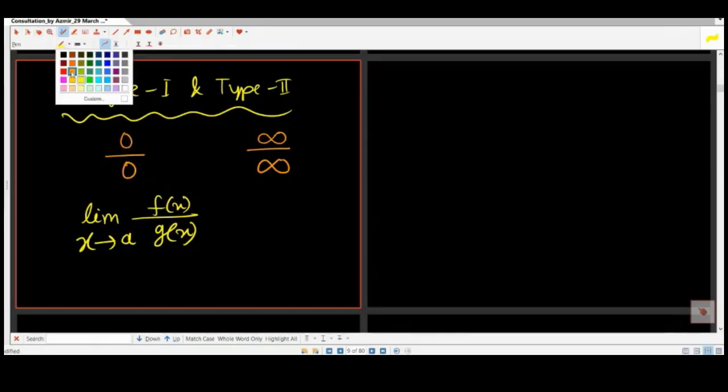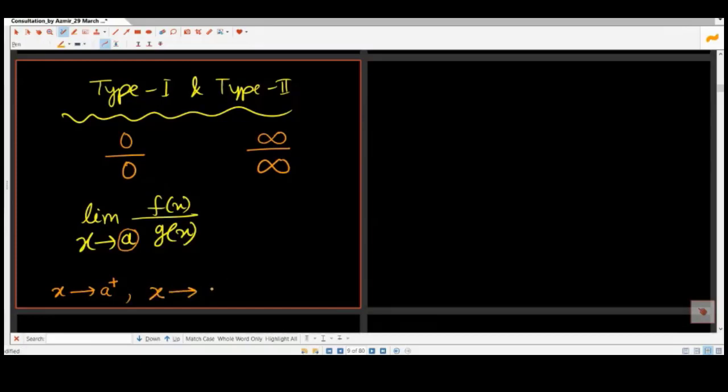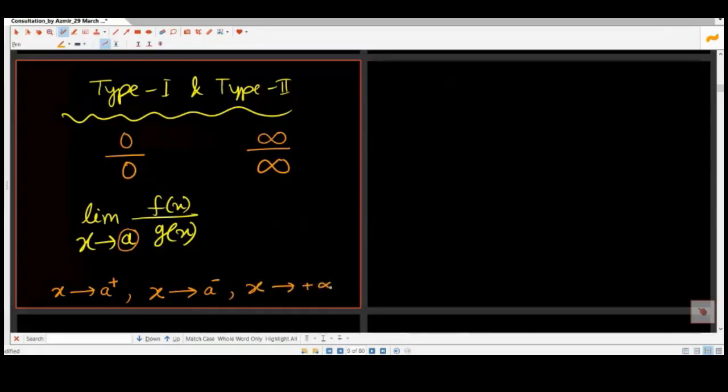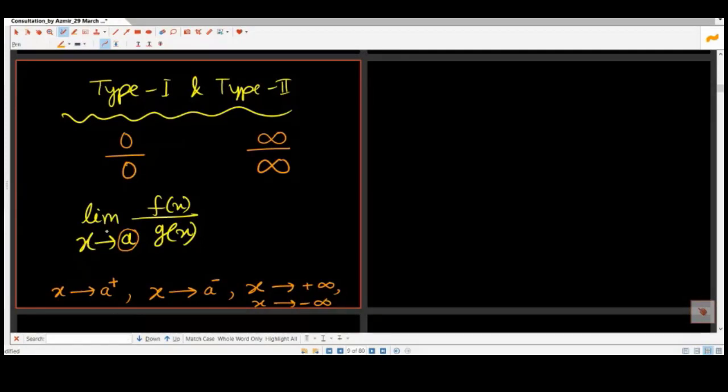Here I need to mention that instead of x approaches a, we may have x approaches a plus, that is a from the right. We may also have x approaches a minus, that is a from the left. We may have x approaches plus infinity, or we may have x approaches minus infinity.